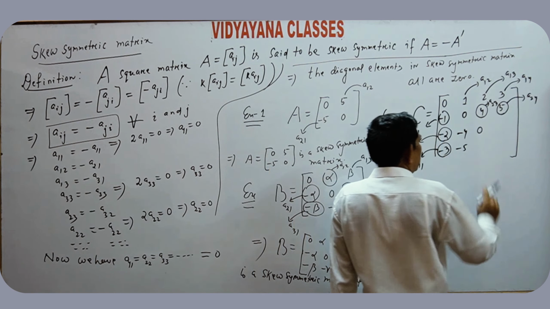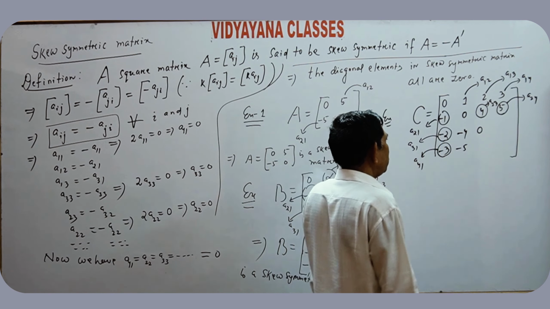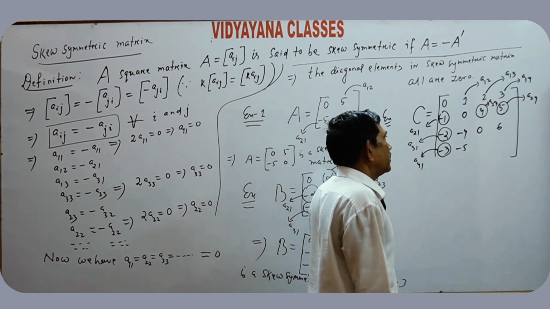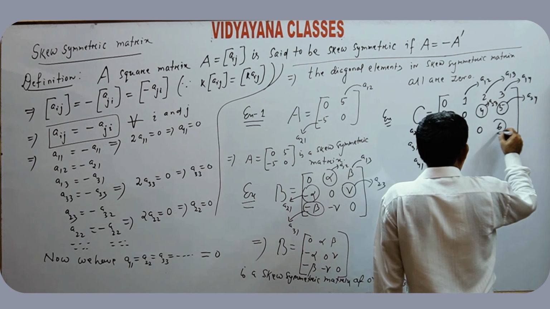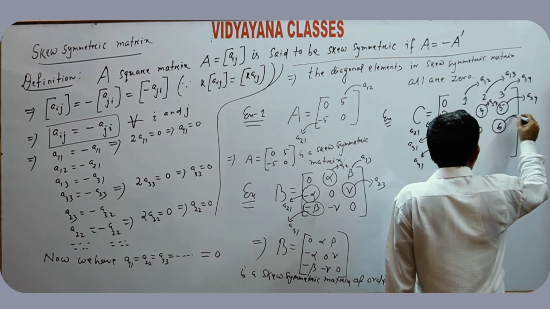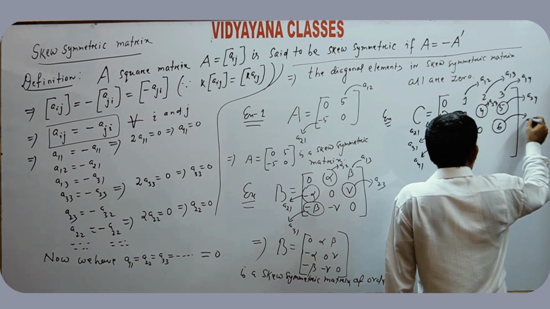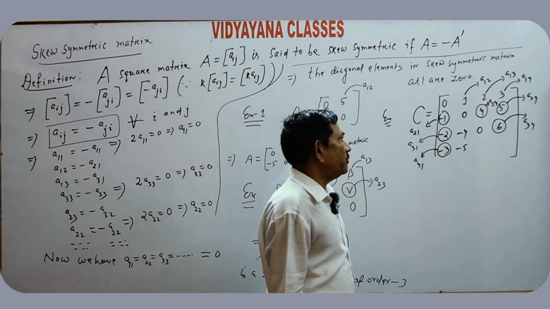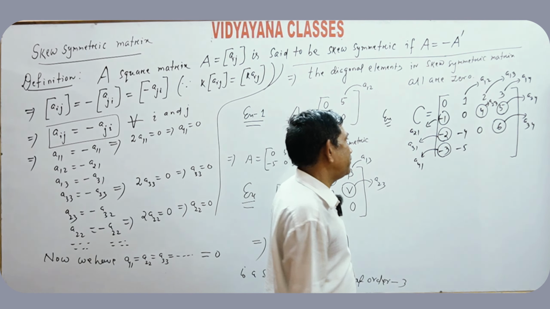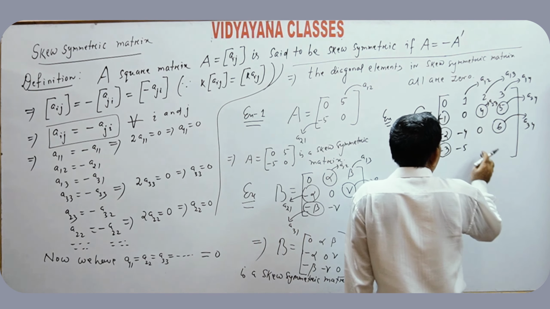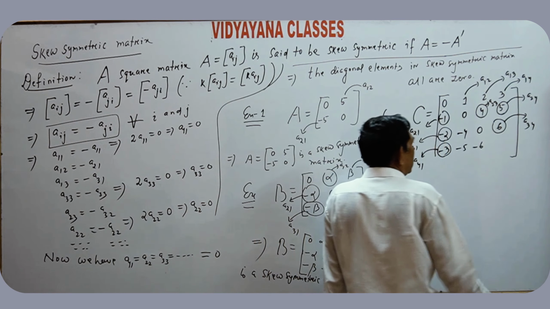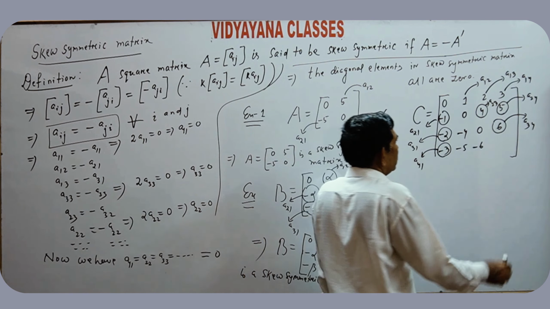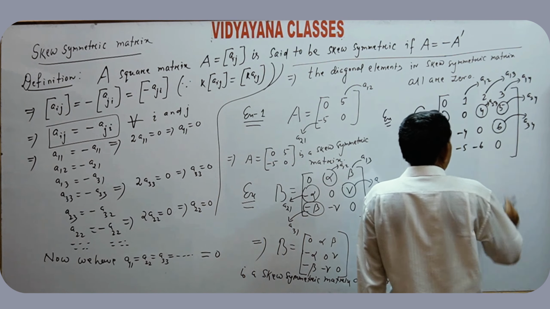All diagonal elements are 0, so it is 0. Suppose it is 6, the element of A34, third row and fourth column. Minus 6 is the element of fourth row and third column. And the last element is equal to 0.